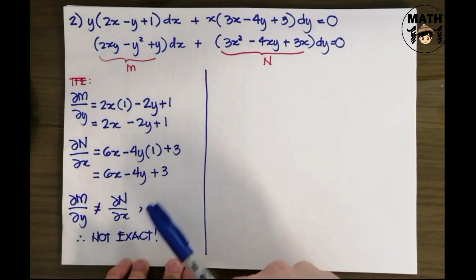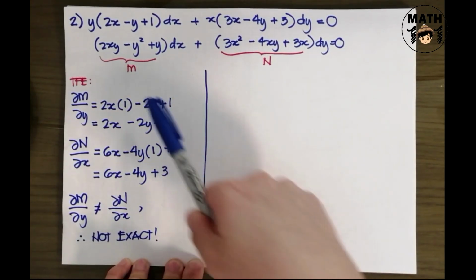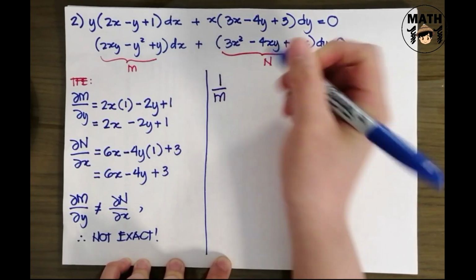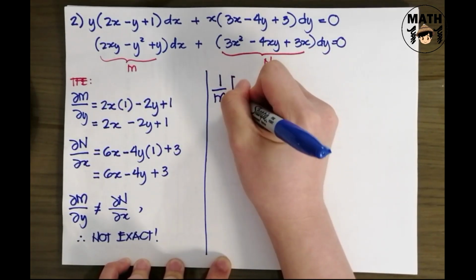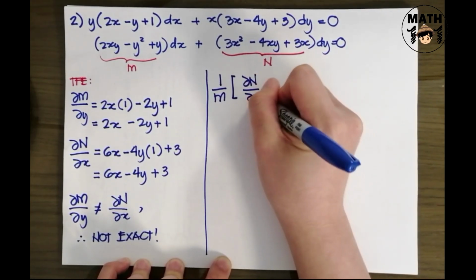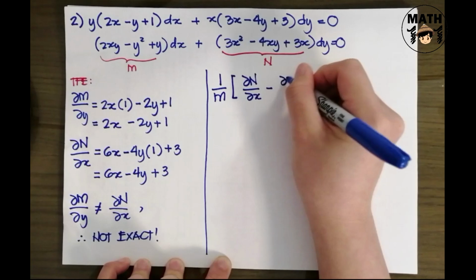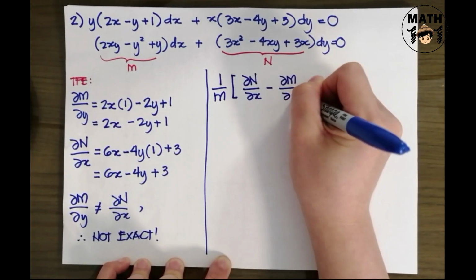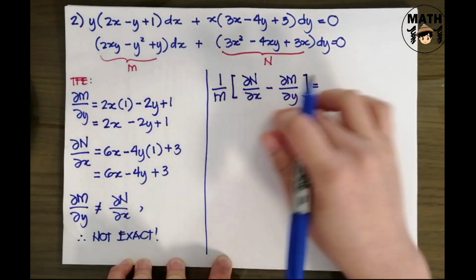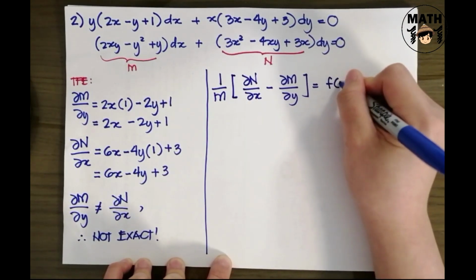Try nating i-divide yung difference ng dalawang ito with M. So, dahil M ang aking divisor, ang maunang term dito ngayon is partial of N with respect to x minus partial of M with respect to y. And ang ine-expect kong result from this ay function ng y.